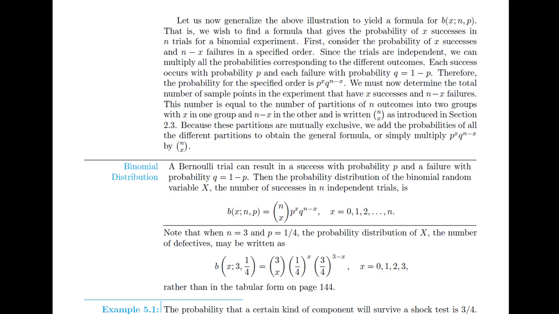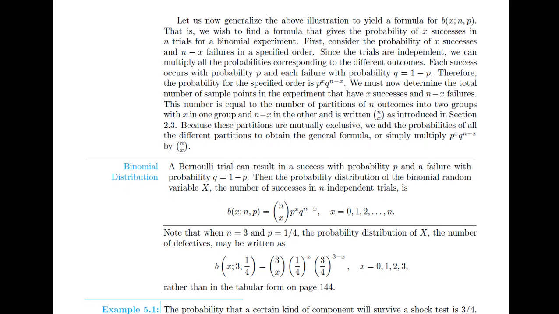We must now determine the total number of sample points in the experiment that have x successes and n minus x failures. This number is equal to the number of partitions of n outcomes into 2 groups, with x in one group and n minus x in the other, and is written as n choose x, as introduced in section 2.3.